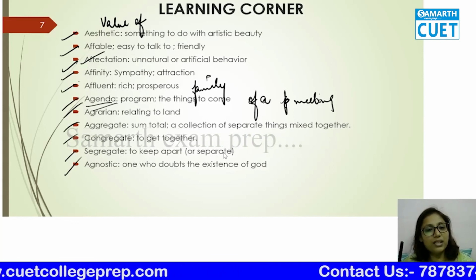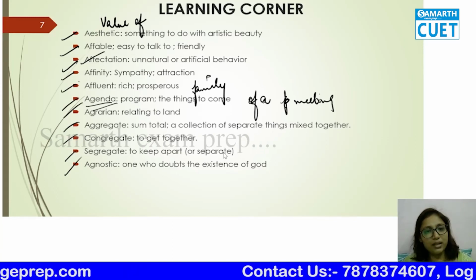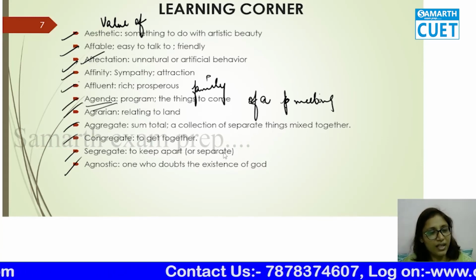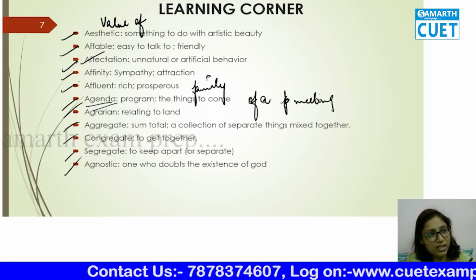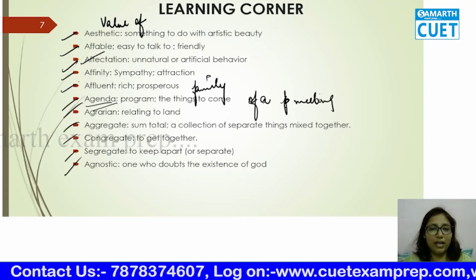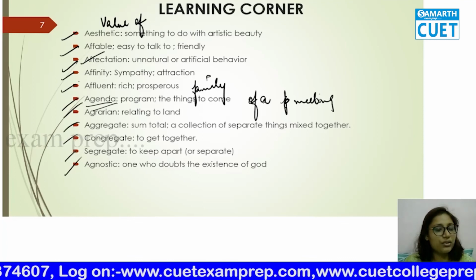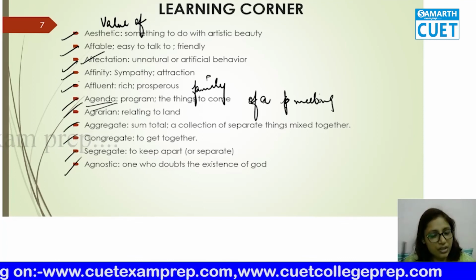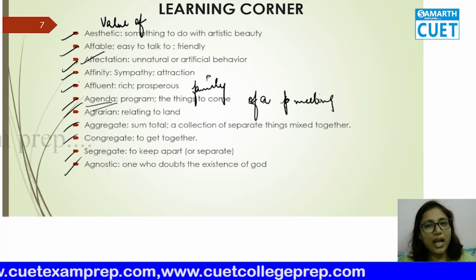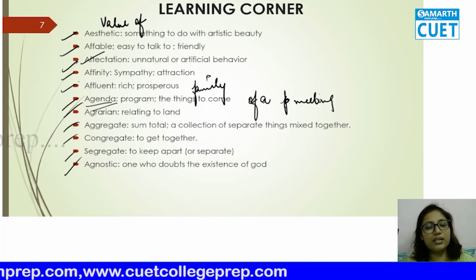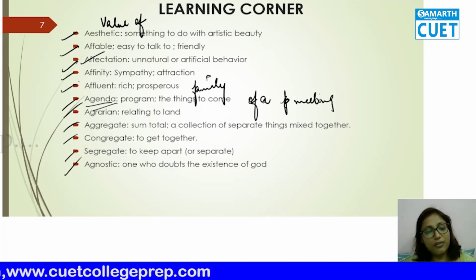Affable person means friendly person. Affectation means an unnatural, different manner. Affinity: I have an affinity to you, I have attraction towards you, liking towards you. Affluent: rich and prosperous. Agenda of a meeting.